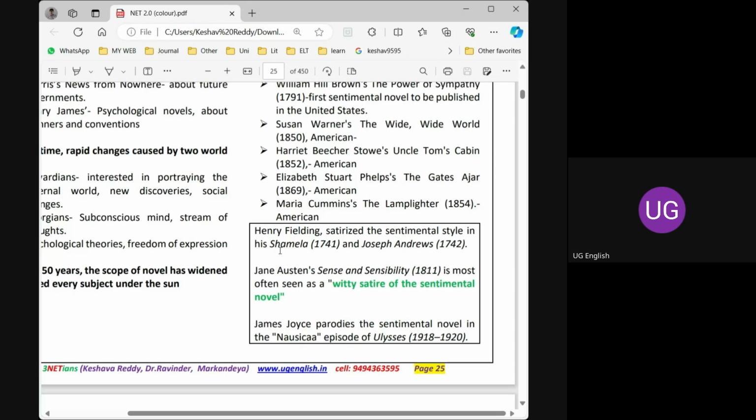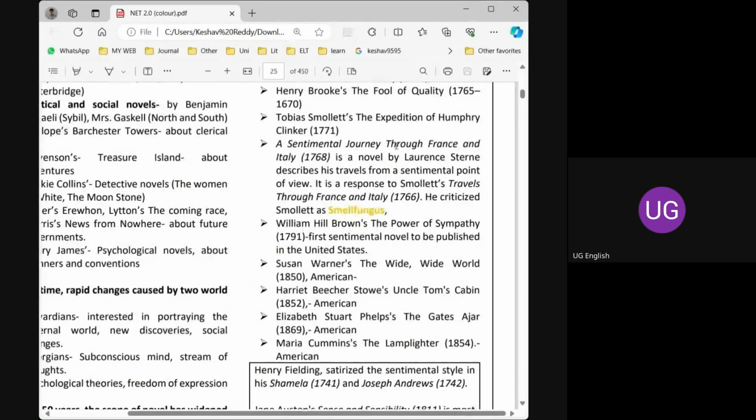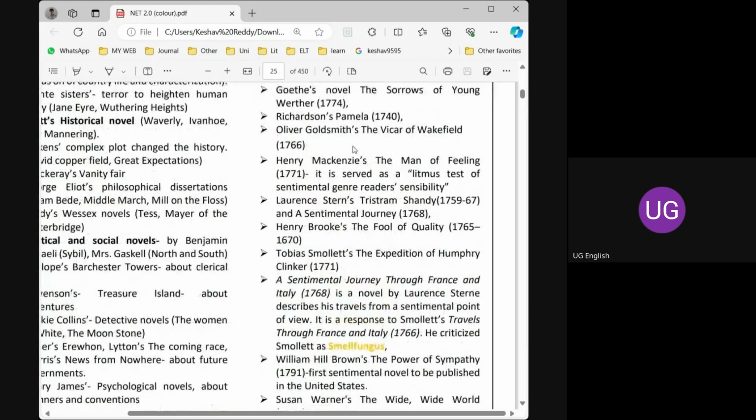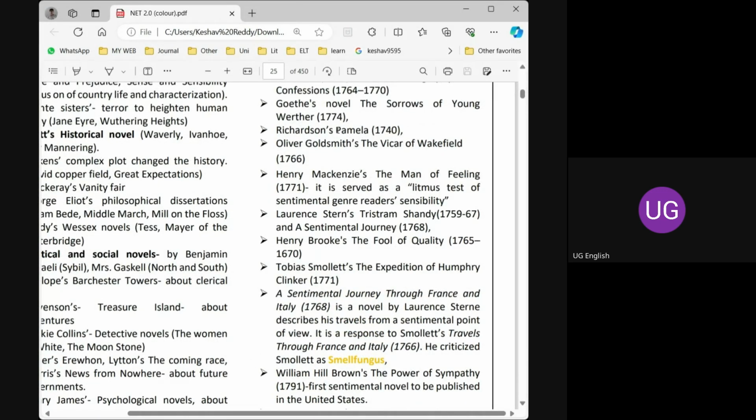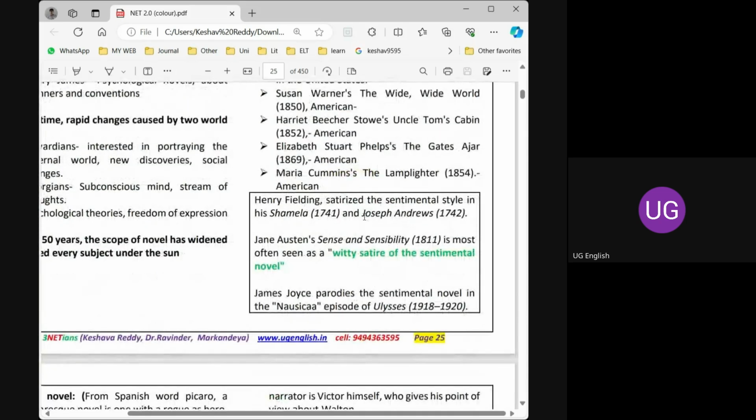And Joseph Andrews, this is also a parody. And I forgot to mention that Pamela's full name is Pamela Andrews. Make a note of this, Pamela Andrews. And a similar novel, again a parody, but this time Joseph Andrews is none other than the brother of Pamela Andrews.